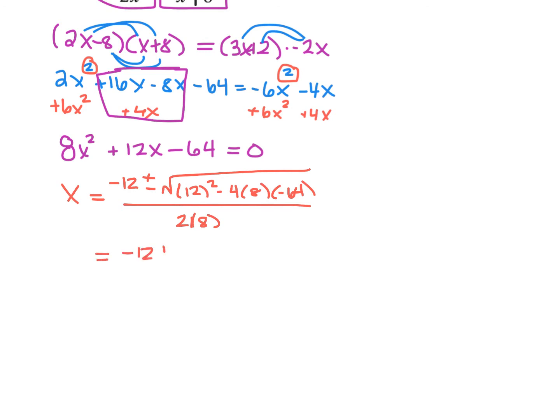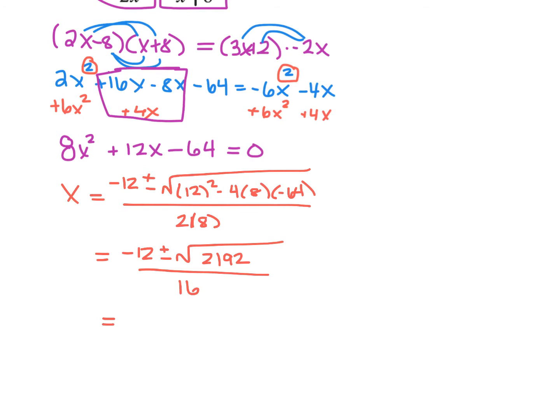Then if I start simplifying underneath that square root, I end up with 12² - 4 times 8 times -64, which is 2,192, over 16.